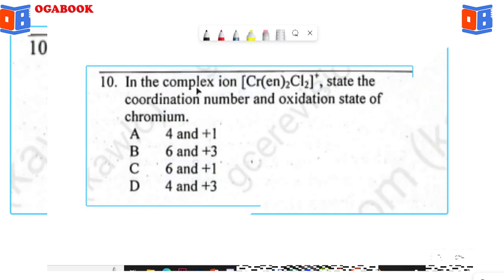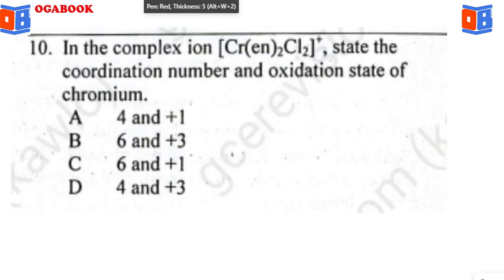Question number 10. In the complex ion given, which is this, state the coordination number and oxidation state of chromium. So this is a complex ion. The first thing we are going to do is identify the coordination number and also the oxidation state.